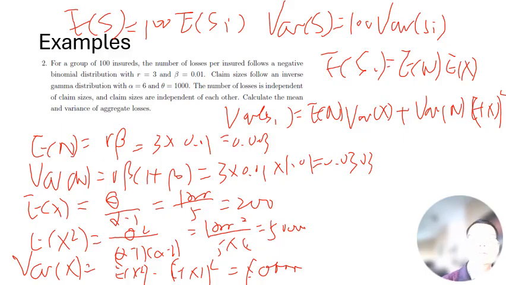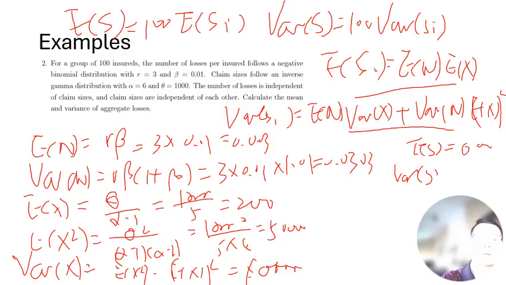Then from here you can put it into these two formulas and calculate ES to be 600 and VAR S to be 151200.